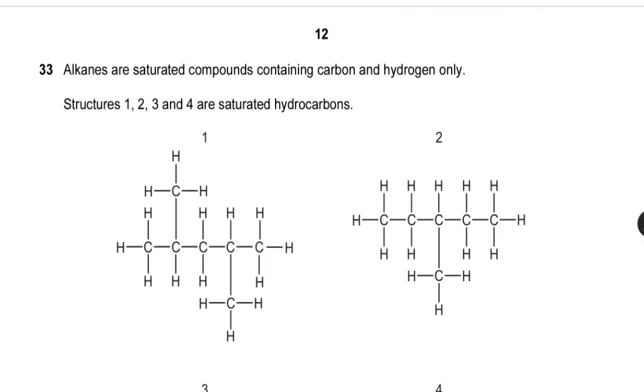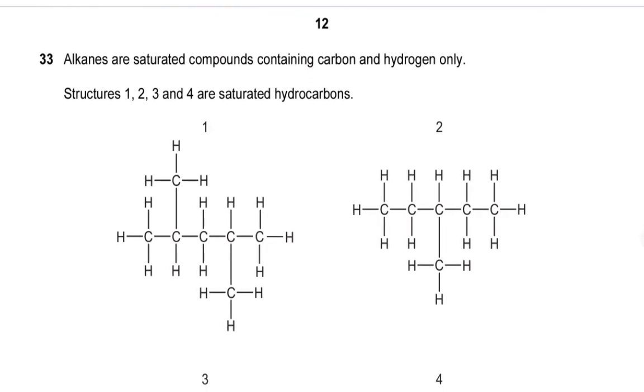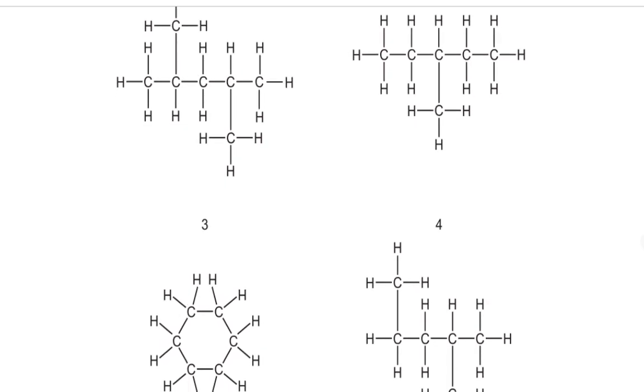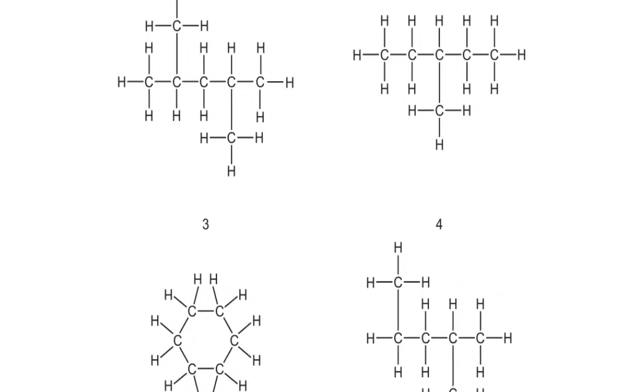Now question number 33. Alkanes are saturated compounds containing carbon and hydrogen only. Structures 1, 2, 3 and 4 are saturated hydrocarbons. Now look at the number of carbon atoms.